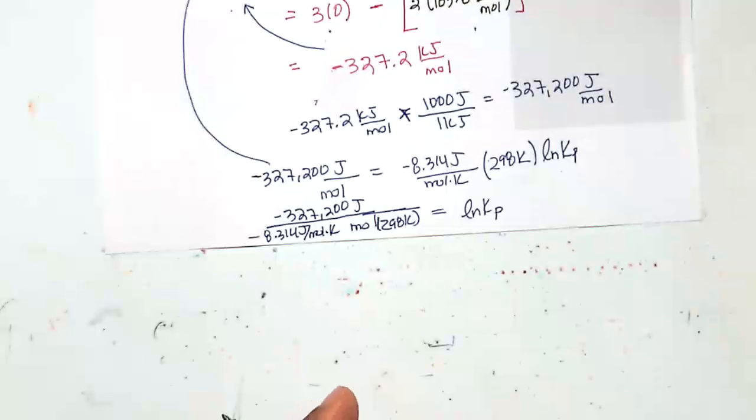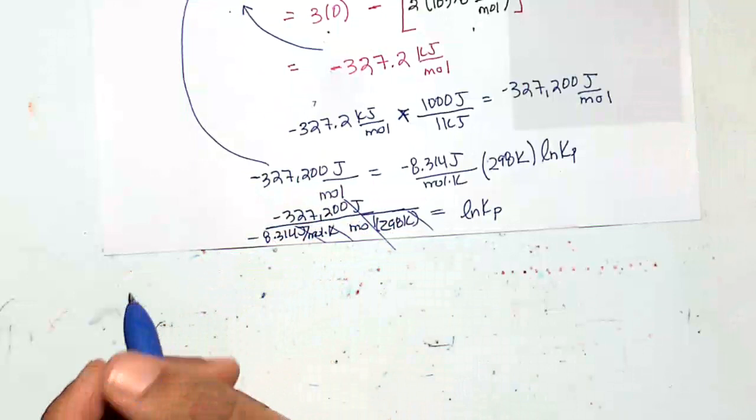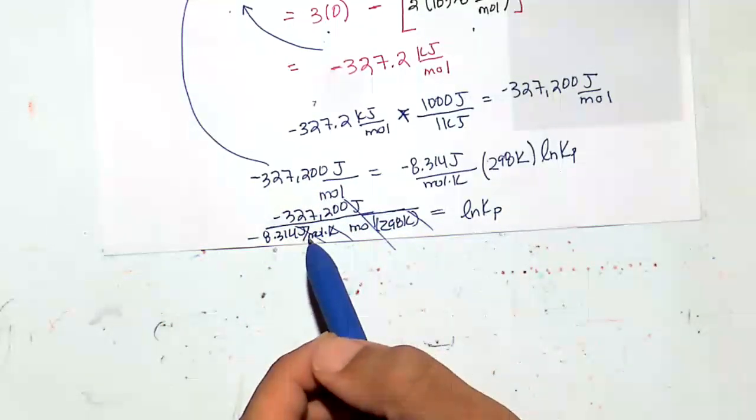Okay, this equals the natural log of Kp. So the Kelvin cancel, joules, mole cancel. And then, what's this number here?